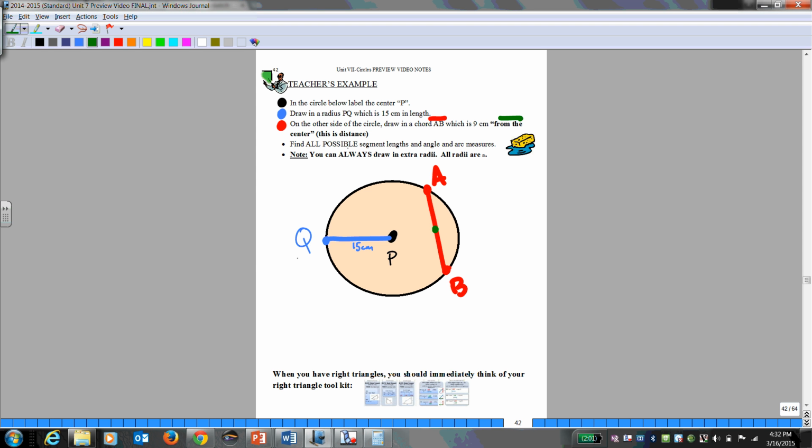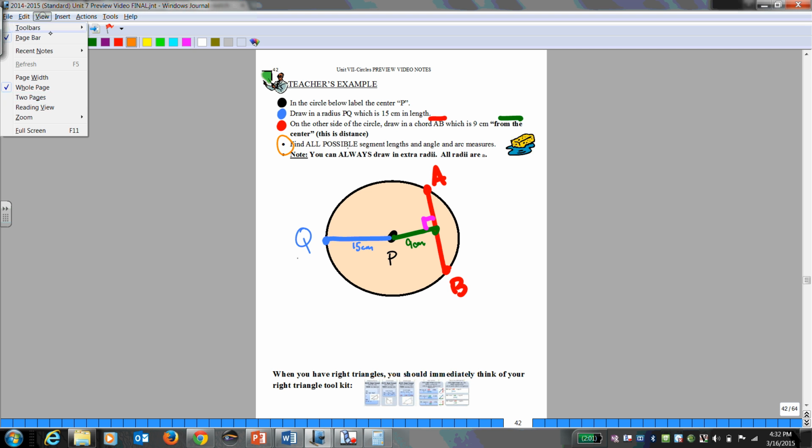Remember, that's a segment length that hits the midpoint and creates a right angle. That is 9 centimeters from the center. Notice it doesn't go all the way through. It's not a radius. Our goal is to find all possible segment lengths and angle and arc measures.